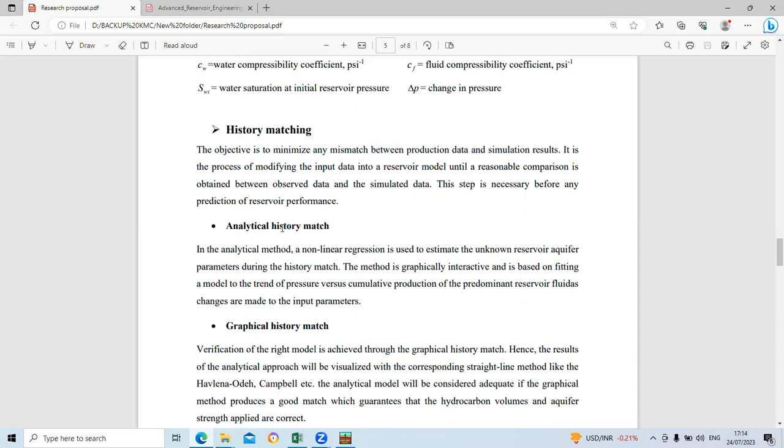So what you have to do now is, if the simulation is not matching with the production data, it simply means that there are some data that have a lot of uncertainty in them. So what we will do now is we will choose these parameters that we don't really trust.